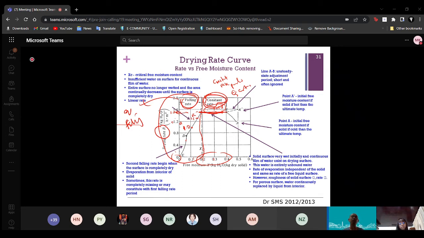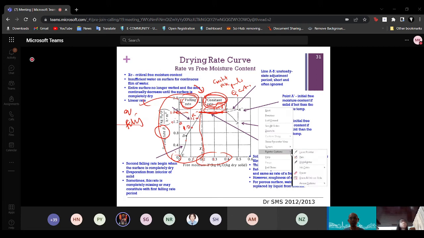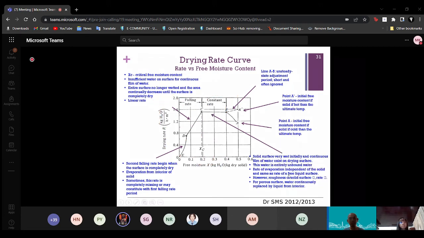It's not the same. You need to know one point here. Okay. What we call it, that point is, I need to delete first. Here, this point, okay, the turning point from constant to become falling. So this one we call it here, XC, critical free moisture content.